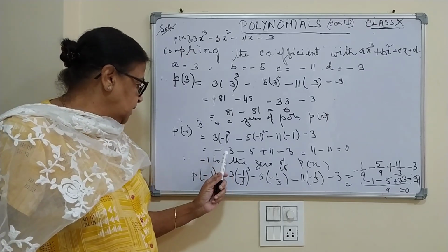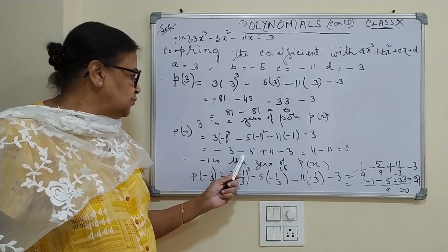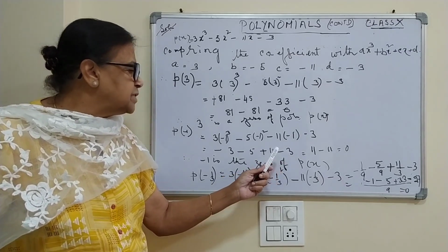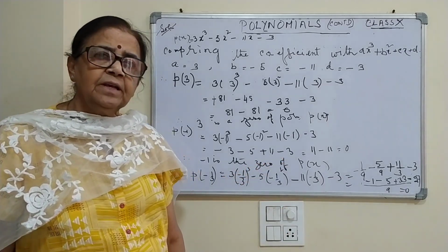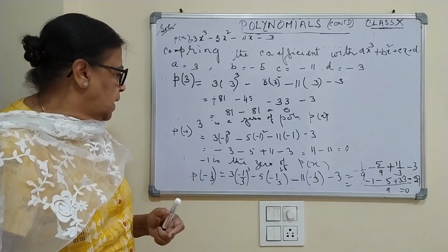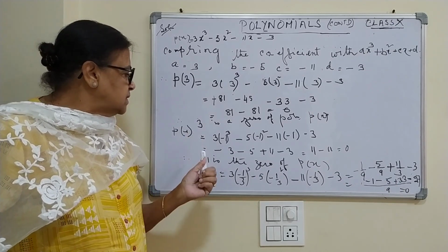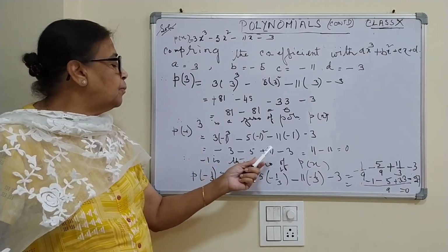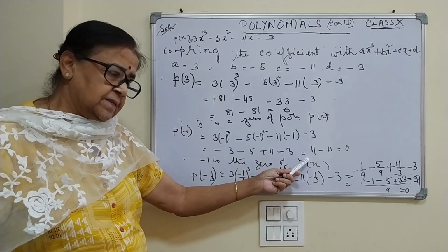Therefore, it is minus 3, minus 5, plus 11, minus 3, which gives you 11 minus 11 is equal to 0. Therefore minus 1 is a zero of the polynomial p of x.